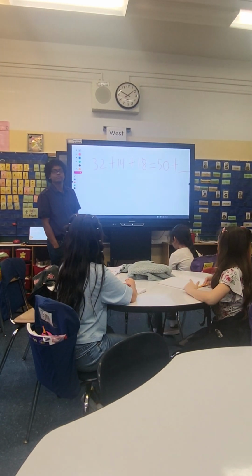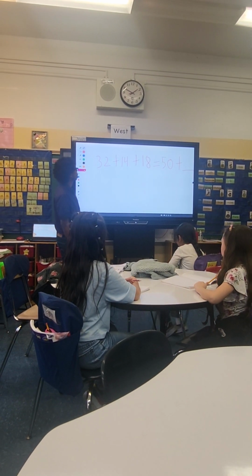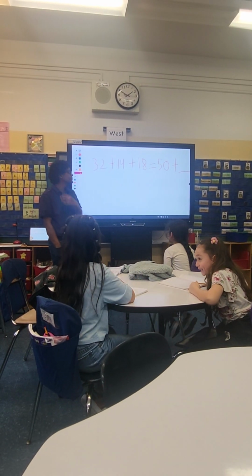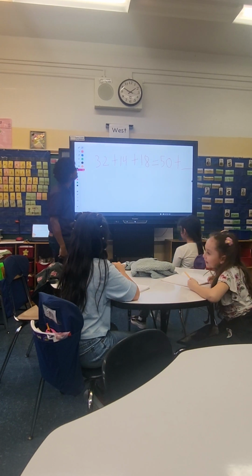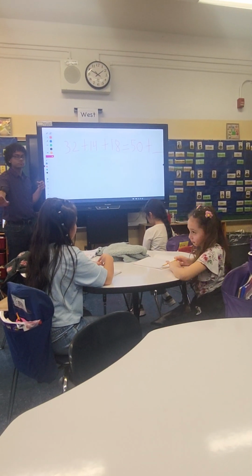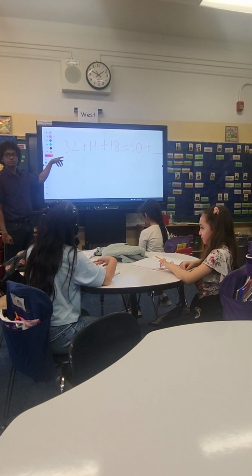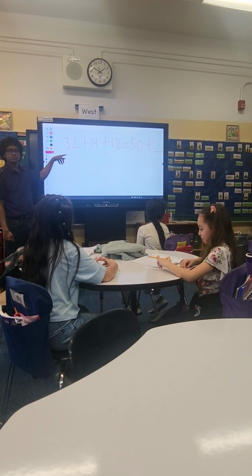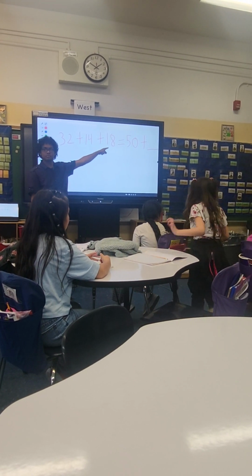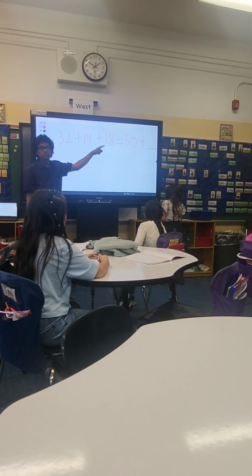Abelian. 32 plus 14 plus 18. Okay. Equals.